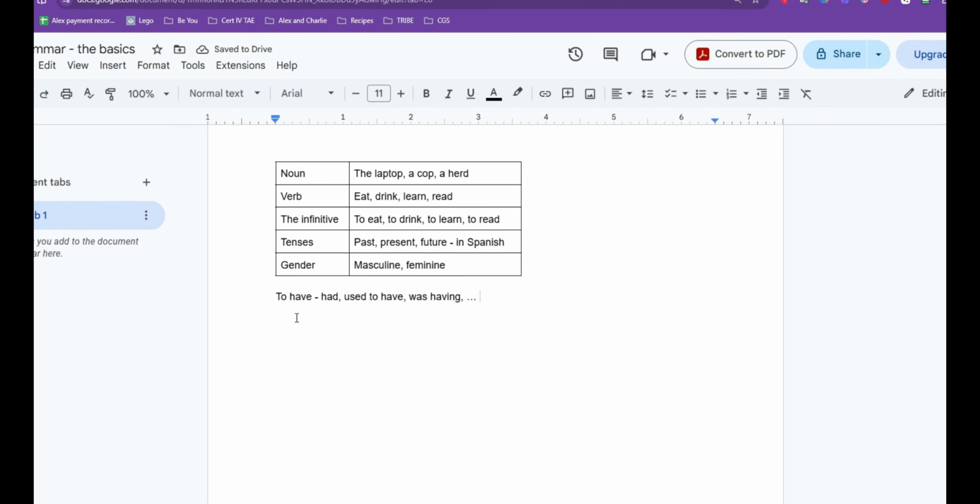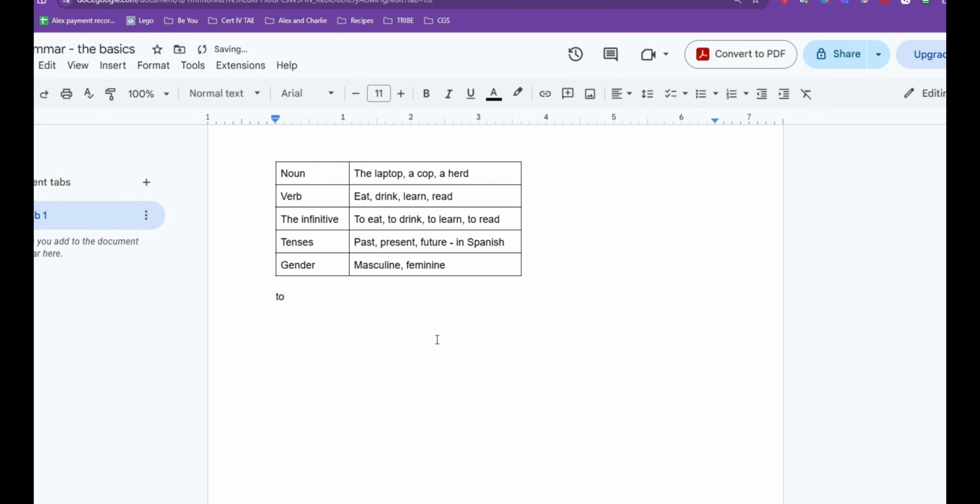Then you have forms to express the present, like I have, I am having, etc. Then you have ways to express the future, like I will have, I am having. Actually, in English, you also mean the future when you say I am having a party tonight, etc. So these are all ways that your verbs change through their tenses to express the different times that you're talking about.